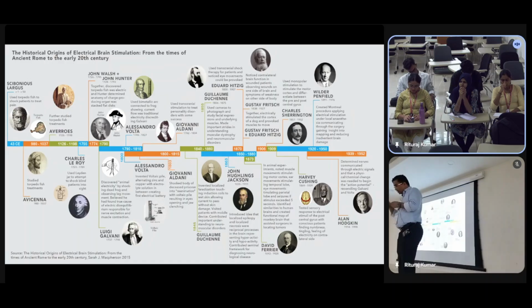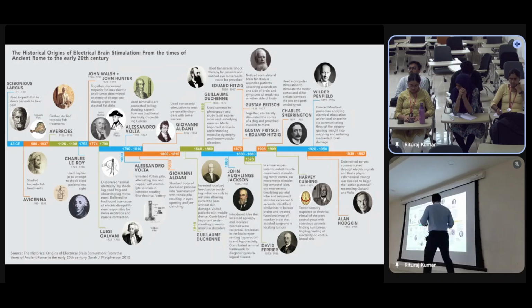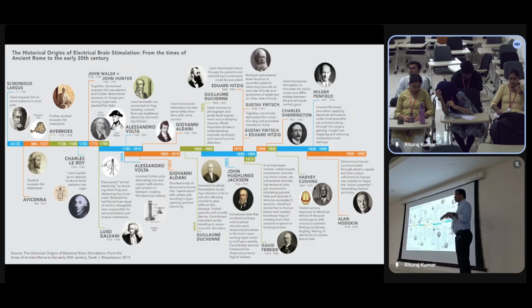And he used to test different parts of the brain whether they're working or not. And to test, he used to send small current. And while doing so, he was able to see different parts of the body moving when he stimulated different parts of the brain. So he developed a map called the homunculus map, which became very popular.